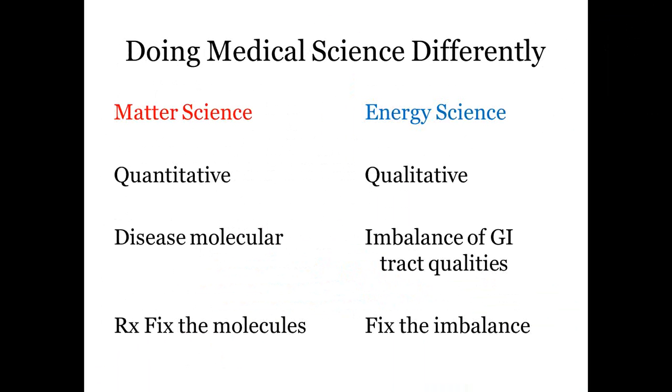The second thing is that the matter science views disease as molecular, that molecules are responsible for the disease, whereas the energy science says that there is an imbalance of the gastrointestinal tract qualities that then lead to disease, and hence all disease begins in the GI tract, and that's why the nutritional formats are so important in terms of structuring healing, both from a molecular and from an energy science perspective.